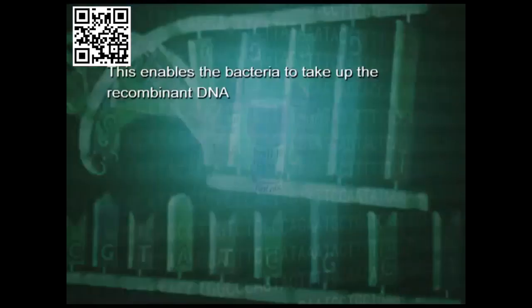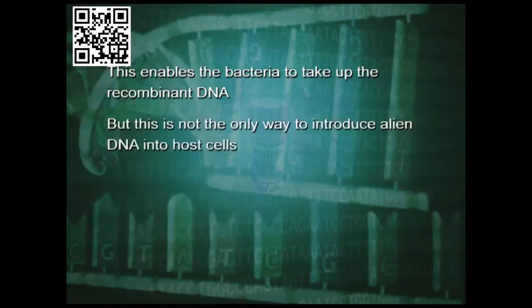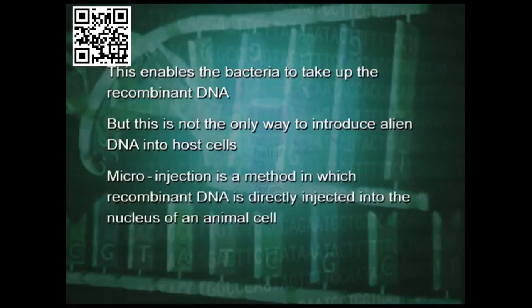Recombinant DNA can then be forced into such cells by incubating the cell with recombinant DNA on ice, followed by placing them briefly at 42 degrees centigrade in order to give a heat shock, and then putting them back on ice. This enables the bacteria to take up the recombinant DNA. Students, here you should know that this is not the only way to introduce alien DNA into host cells.